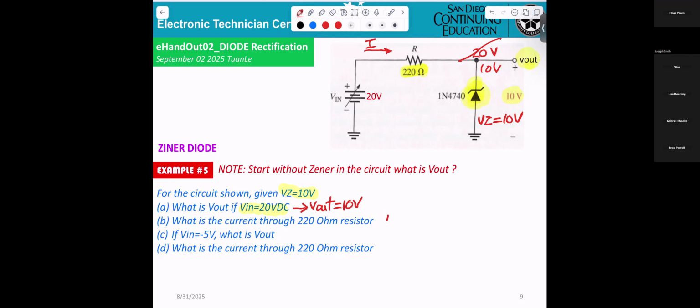So I will be 20 minus 10, divided by 220. That means the difference between 20 volts and 10 volts.